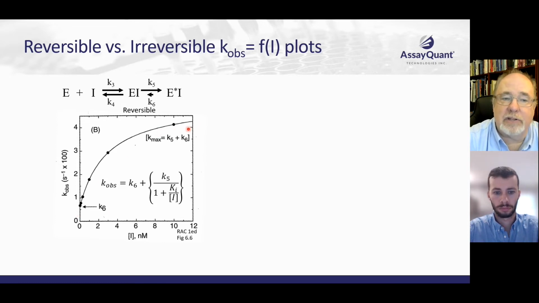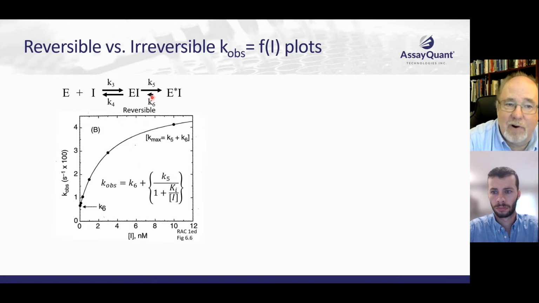And this hyperbola is defined by a y-intercept, which is the off rate of the E star I complex. And the upper asymptote of that hyperbola is the summation of K5 plus K6 here, the on and off rate forming this final complex here, right? And you can fit to this and solve for all of that. This is the actual equation of that hyperbola, okay?